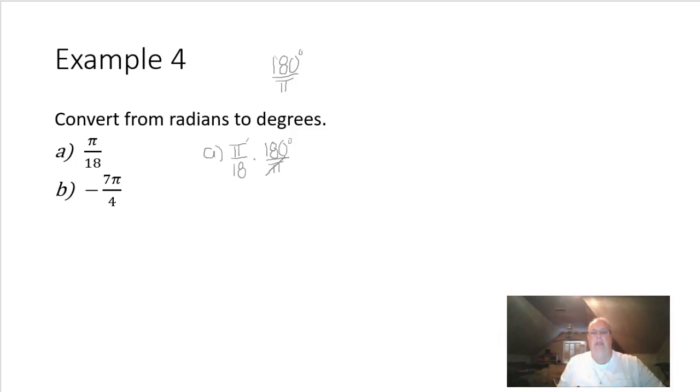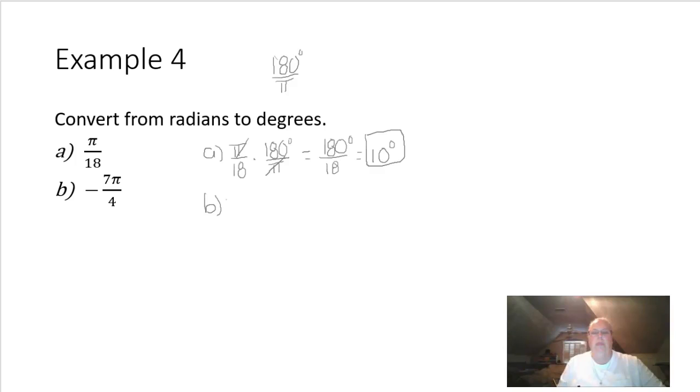And it looks like the pi's are going to cancel out. This is going to give me 180 divided by 18, and this is going to be in degrees. And it looks like 18 can go into 180 10 times. So pi over 18 is the same thing as 10 degrees.